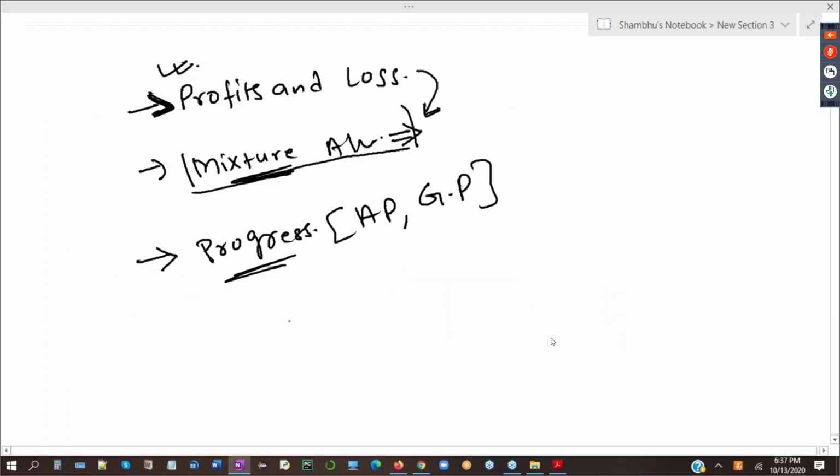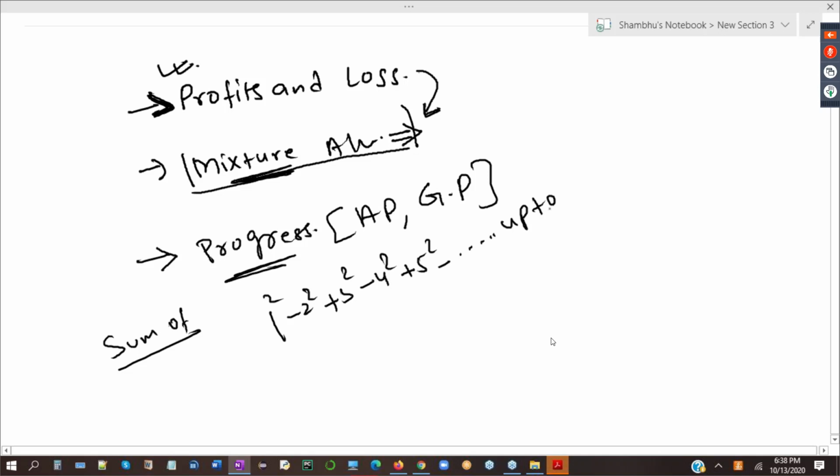They had asked: find the sum of 1 square minus 2 square plus 3 square minus 4 square plus 5 square minus and so on, up to the 21st term. Two questions they had asked in December 2019 based on this pattern from arithmetic progression.